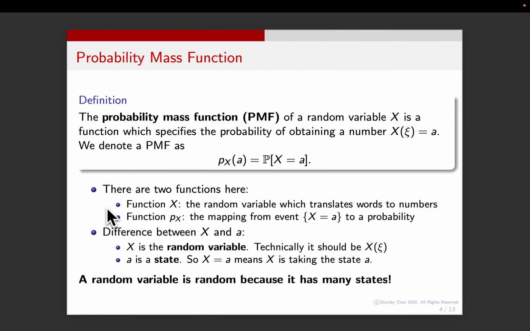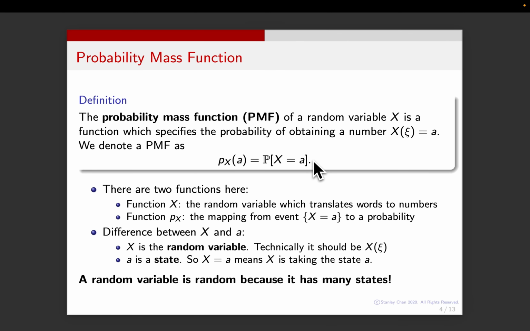Okay, so we've defined the probability mass function of a random variable X. It's something associated with the random variable X, which is a function that specifies the probability of obtaining a number X of epsilon equal to a. So if we say that P_X of a, this is equivalent to the probability that the random variable X takes the value a.